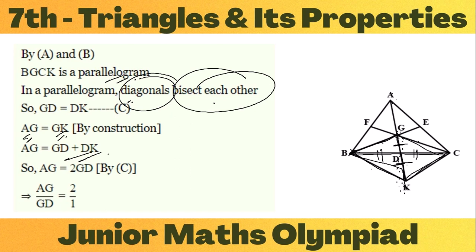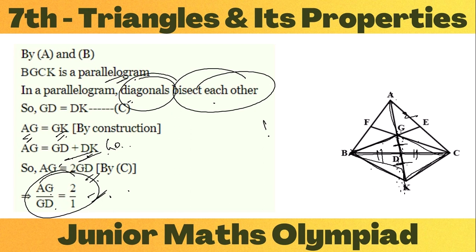So in the place of DK, we can keep GD. So GD plus GD, it will become 2GD. So AG will be 2 times of this GD. So this AG by GD ratio will become 2 by 1.